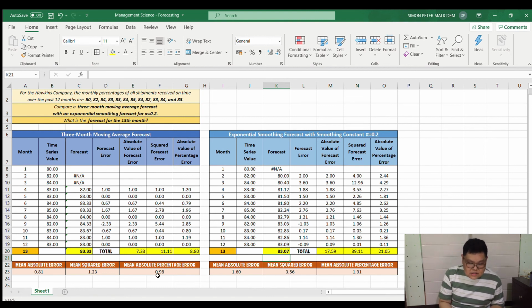If we compare the mean absolute error, mean squared error, and mean absolute percentage error of the moving average forecast and the exponential smoothing forecast, we can see that the moving average has a mean that is lower than the exponential smoothing, which means that moving average has a better forecasting accuracy compared to exponential smoothing.